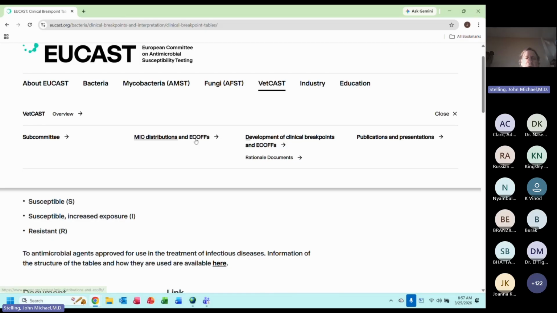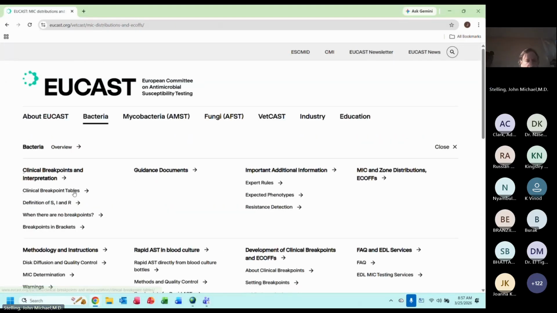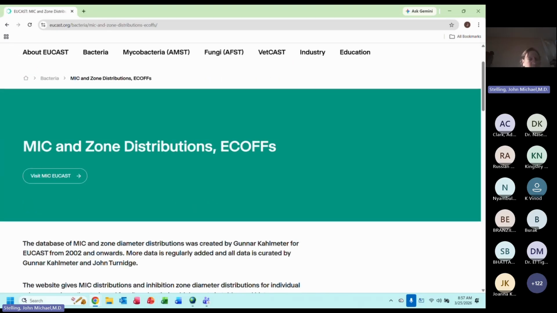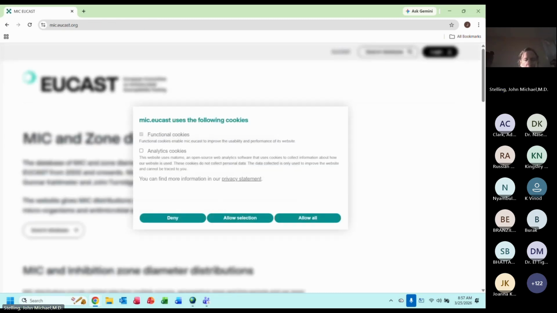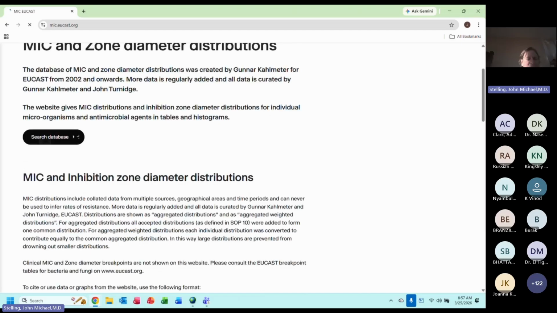Maybe they're there now. If I go to MIC distributions, and I can click on bacteria, and I'm disoriented because I haven't, here's lower right, MIC distributions, view MIC UCAST, allow all, and search database.